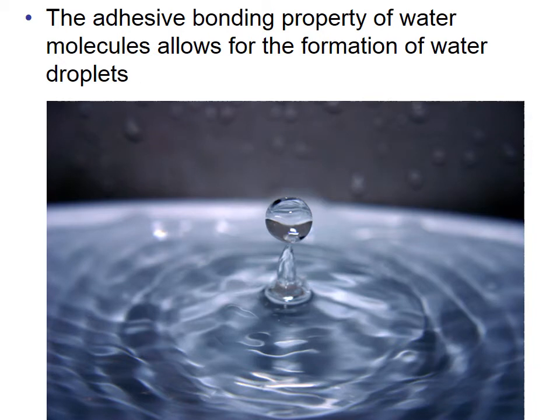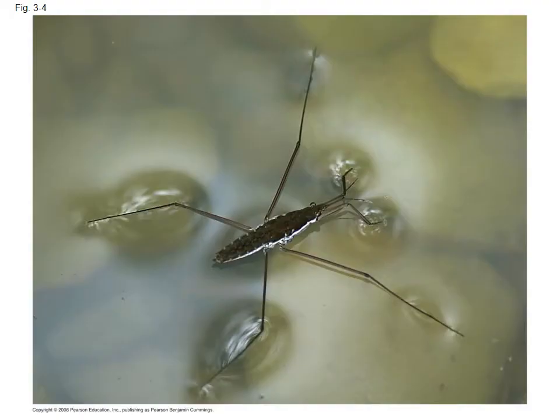So the adhesive property of water also allows for formation of water droplets kind of like this, and it stays and you can pick it up for some time till that surface tension is broken. Here you have this water spider which is able to stay afloat in a body of water because it has distributed its body weight in such a way that it is not breaking the surface tension of water.